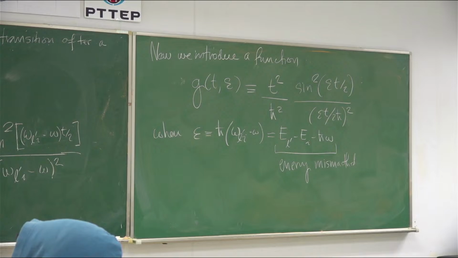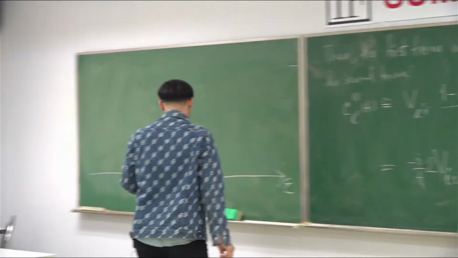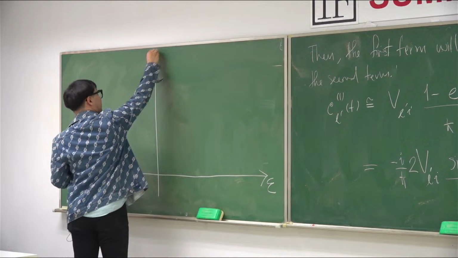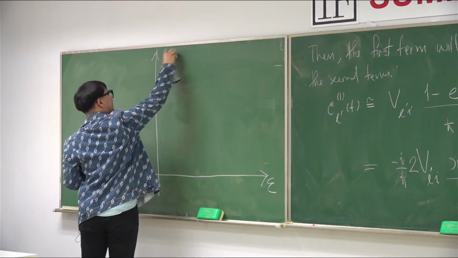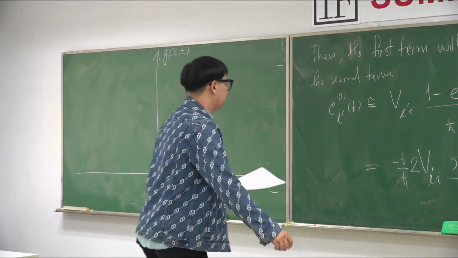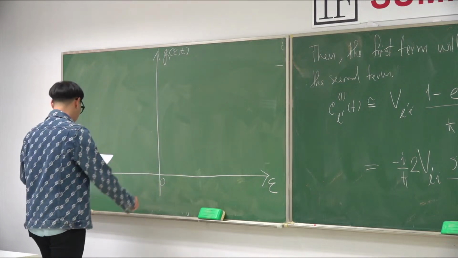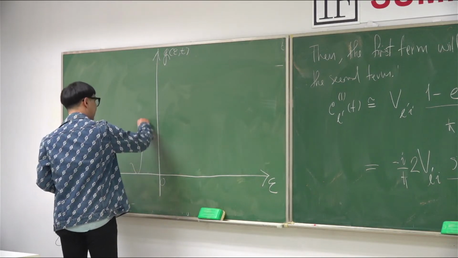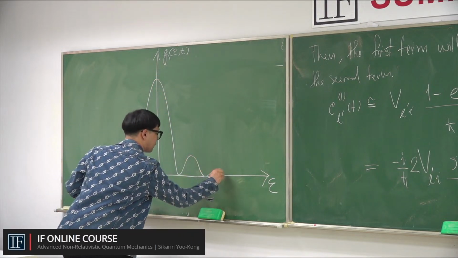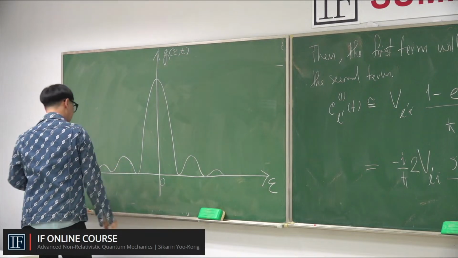So your graph will be like, so this is epsilon, and this is your G, okay? Your graph will be centered at the origin, and it's going to give you something like this. Okay, this.